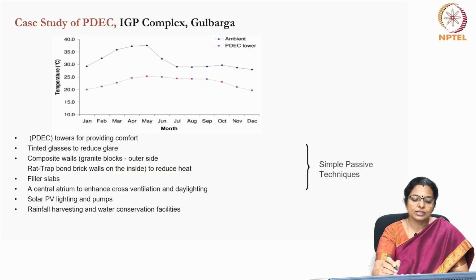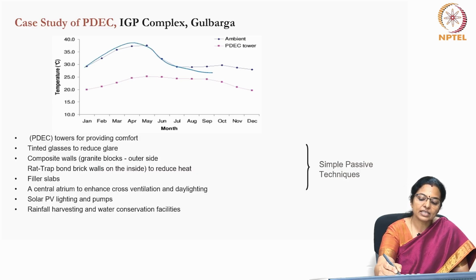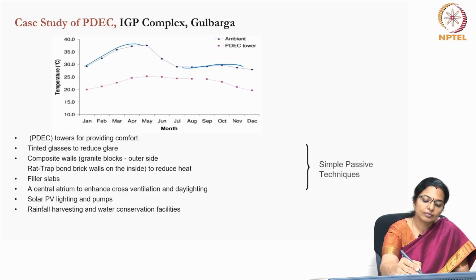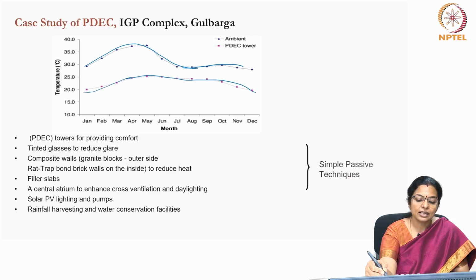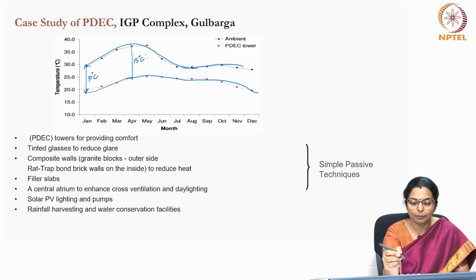So, what happens to this building in terms of thermal performance? The PDEC towers are used for giving thermal comfort. When the ambient air temperature is somewhat like this, the temperature of air at PDEC is, you can see, in January approximately 10 degrees centigrade lower, and approximately 15 degrees centigrade lower in April.